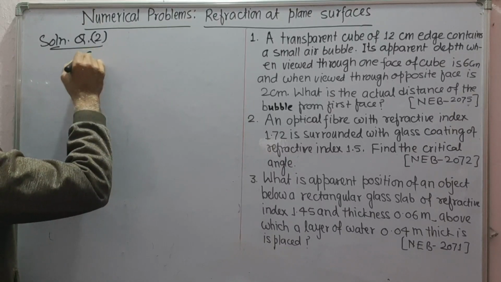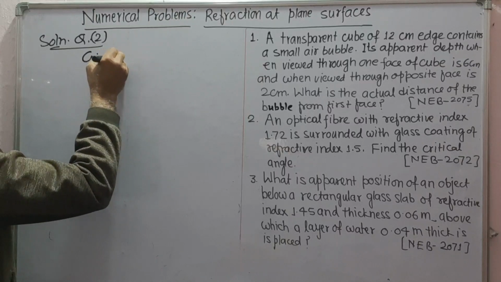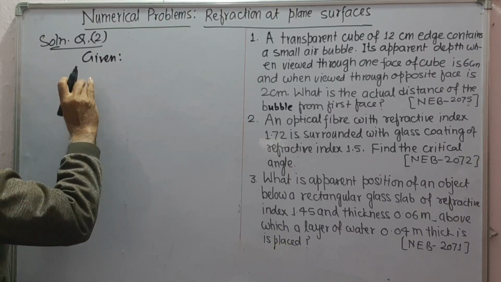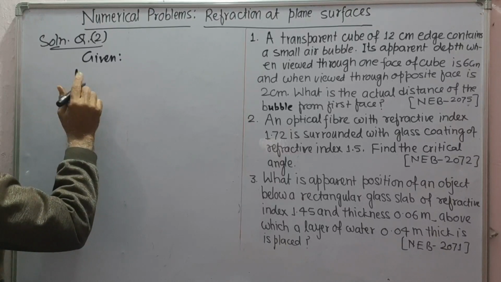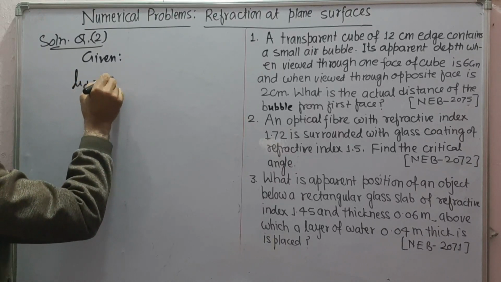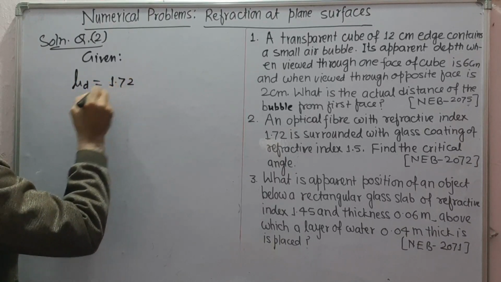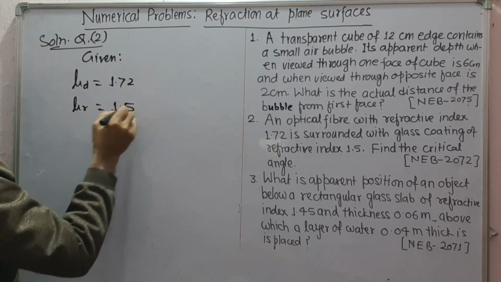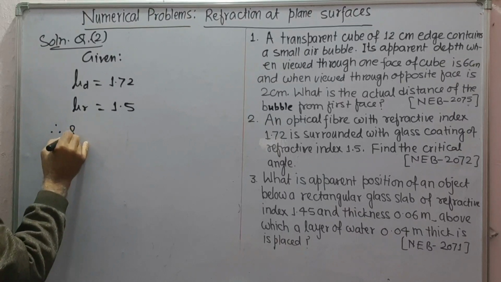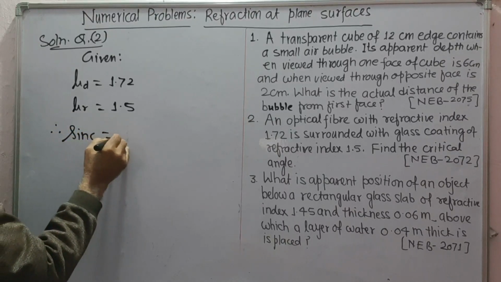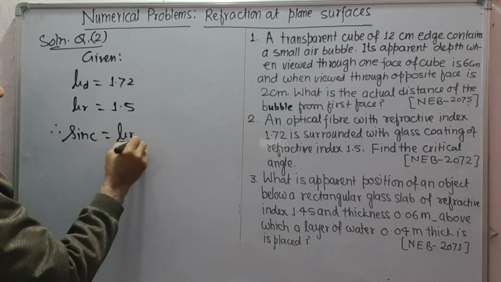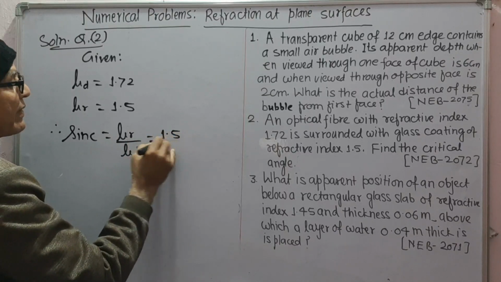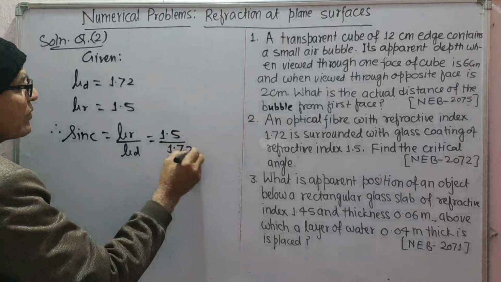Here we have mu denser is equal to 1.72 and mu rarer is 1.5. Therefore, sin C will be equal to mu rarer upon mu denser, 1.5 upon 1.72.